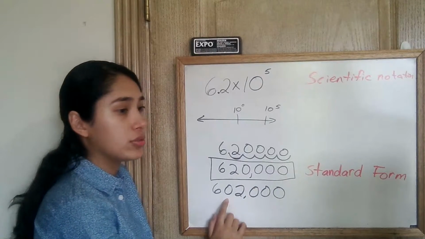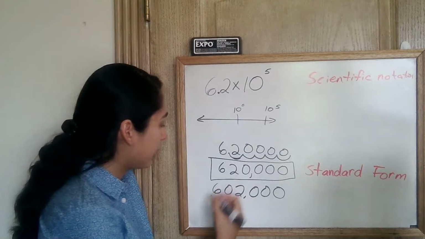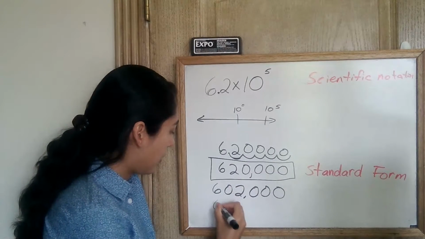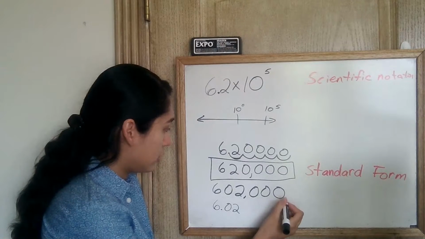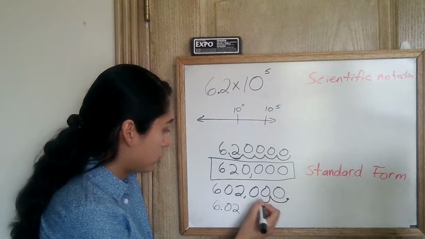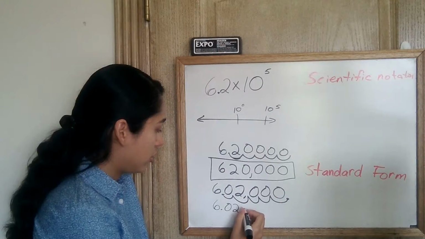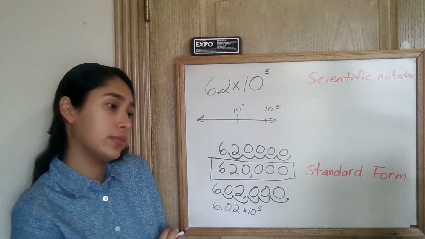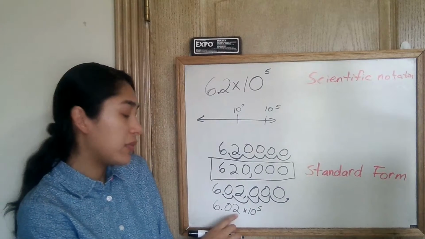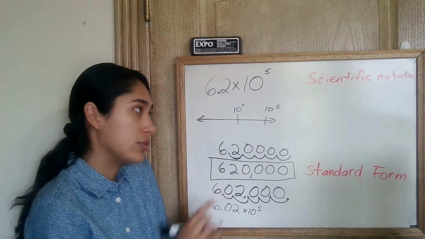But since this 0 is sandwiched in, I can't touch that. In fact, I may have to write it like this. Okay, so here's the decimal point. 1, 2, 3, 4, 5. I would have to write this value as that, keeping in mind any other digit that is not 0.